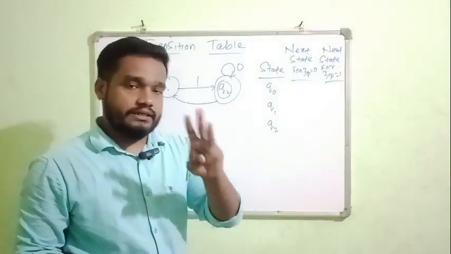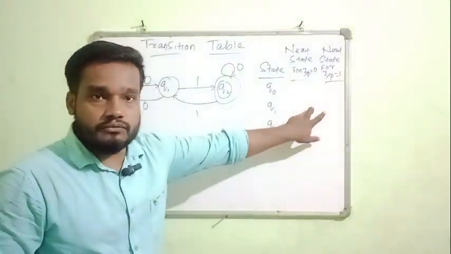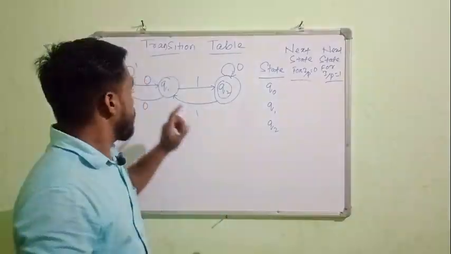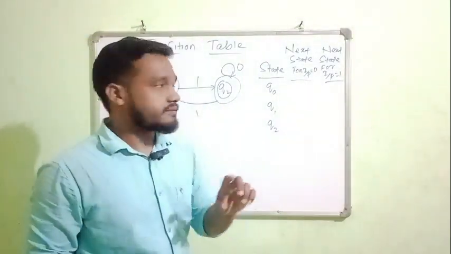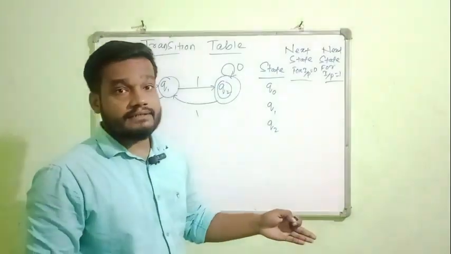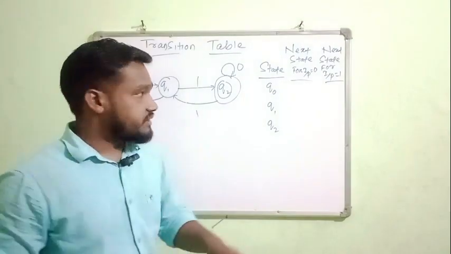We will make 3 columns, one for states and the remaining 2 for the 2 symbols, because 2 symbols are used here, 0 and 1. So we will write the transition table according to the DFA machine.